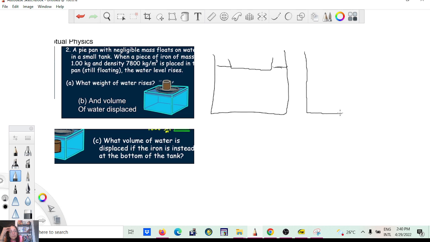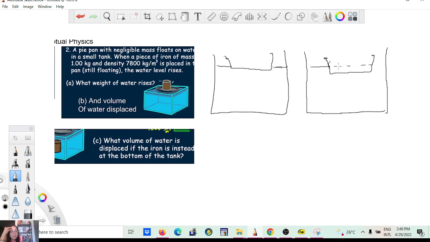So then we put a piece of iron in it. So what matters here, even if the piece of iron is heavy, because the pan is big, it's going to displace, hopefully, enough water.